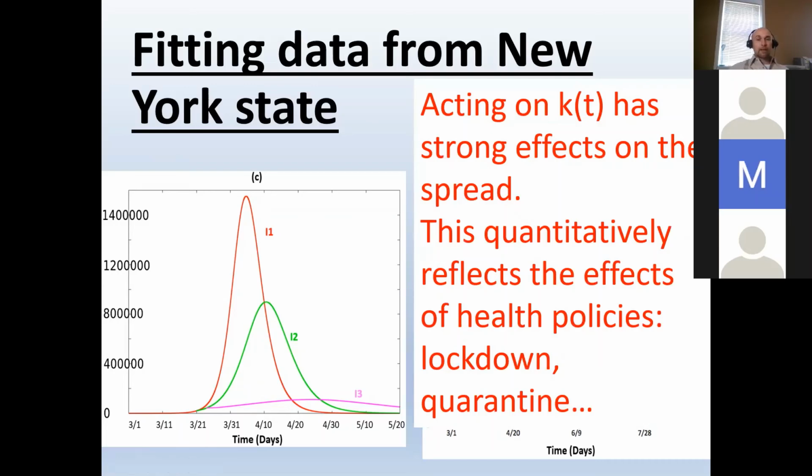Yeah, so as I said, acting on K, of course, that's what the governments were doing. They were acting on the K of t. You make a lockdown, you lower your K. You open, you release policies, your K increases. I'm talking strictly of the K.